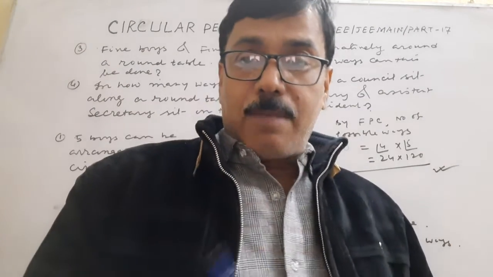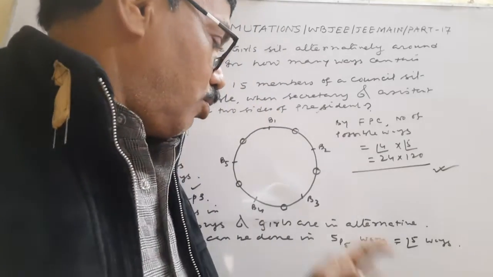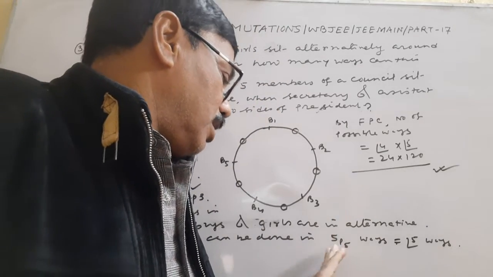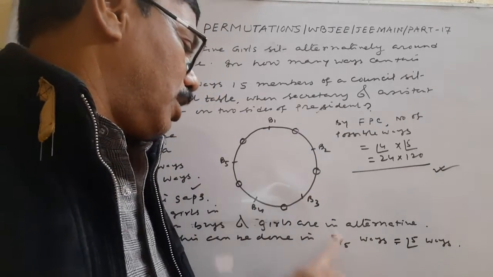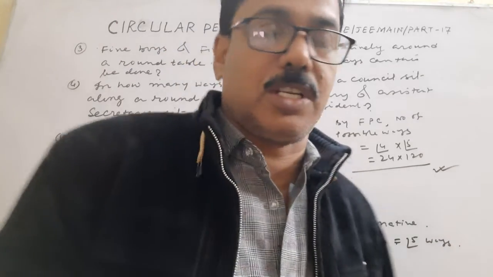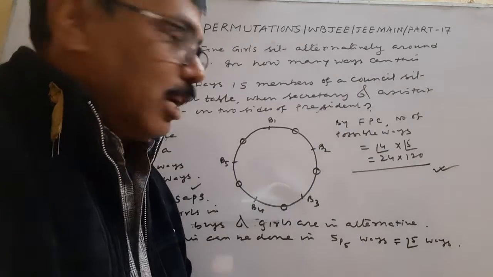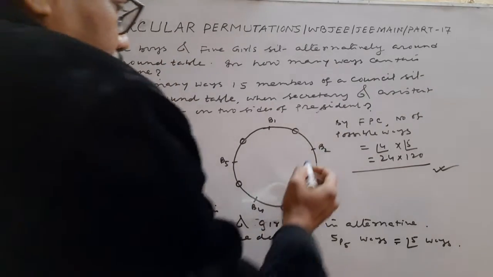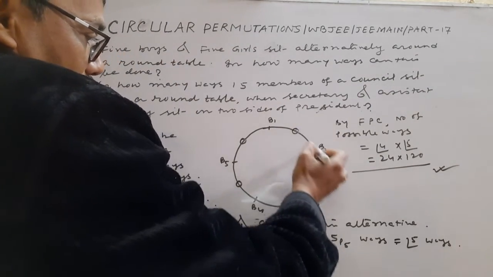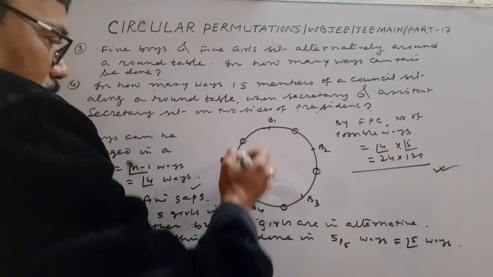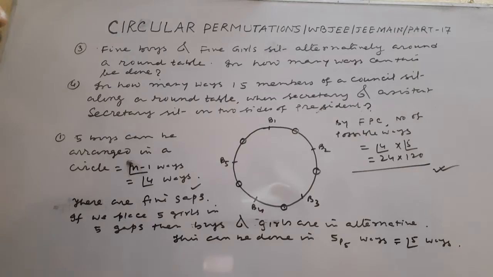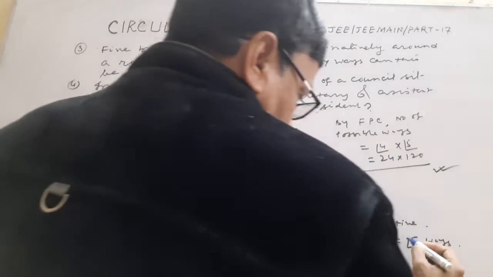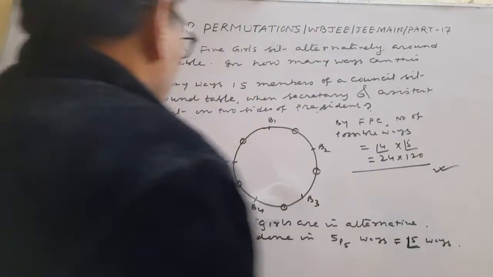So, in the gaps we are placing the girls. Do not consider that this is circular permutation. It is linear permutation. We are getting a string and in the gaps we are placing the girls. So mind, it is not circular permutation.